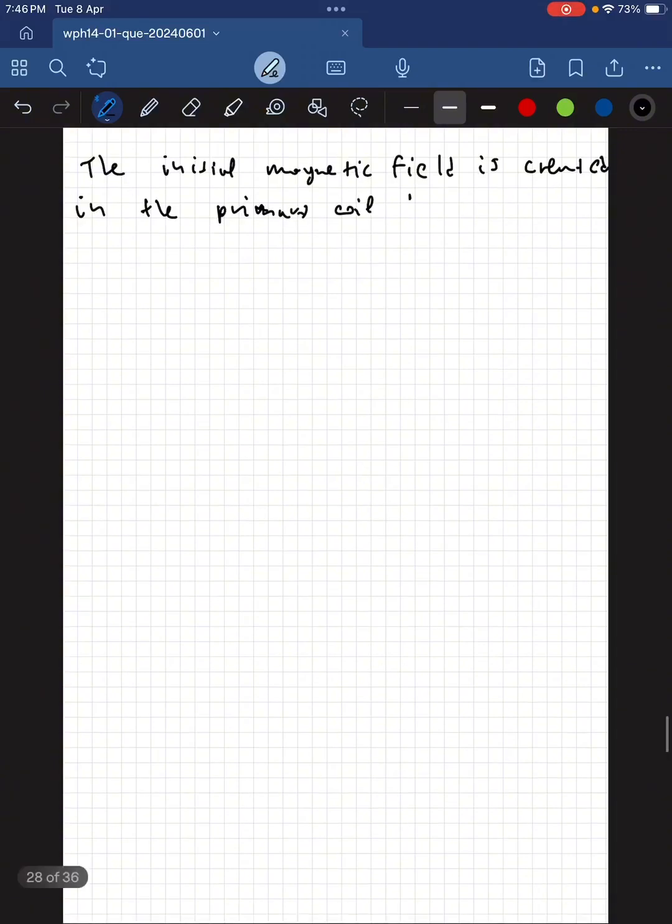The initial magnetic field is created in the primary coil, which is what I just explained, due to the current passing through it.